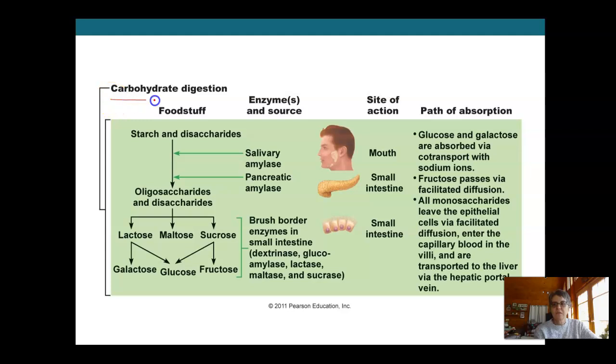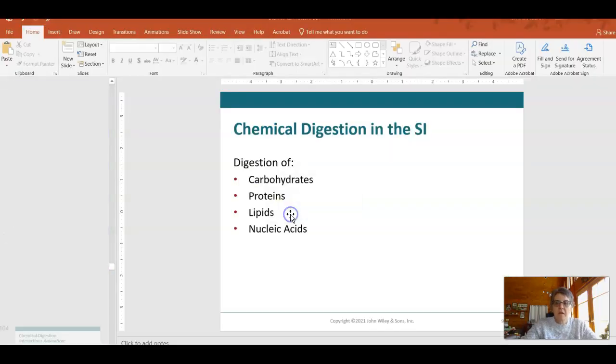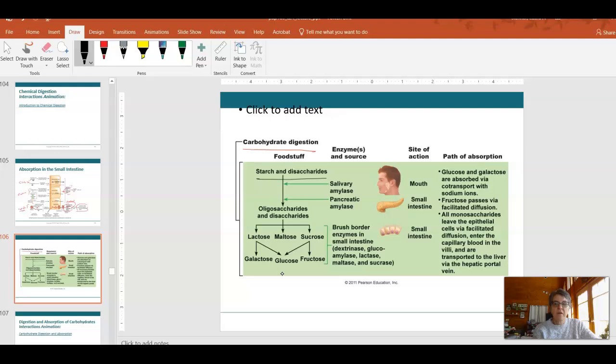So let's look a little more closely into some of these digestions. What I have is carbohydrate digestion. It's starch and other saccharides, and they get broken down into simple sugars.